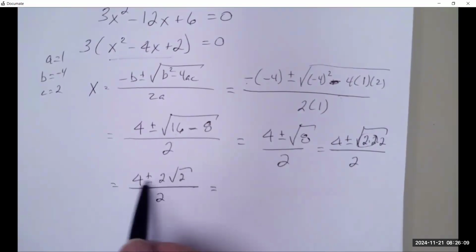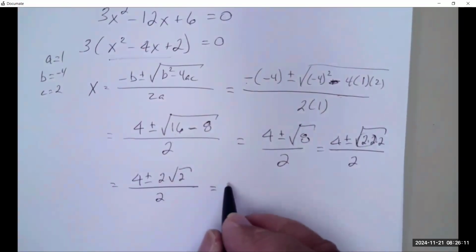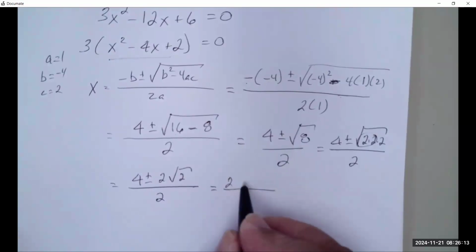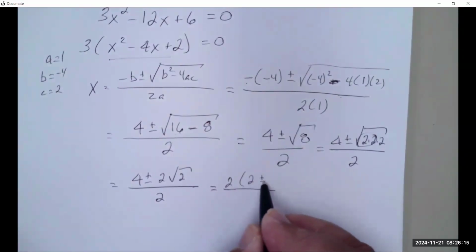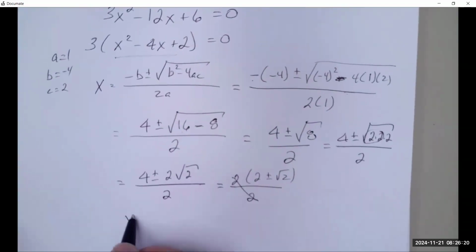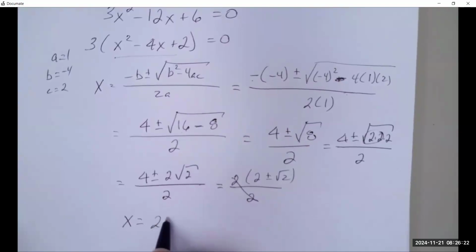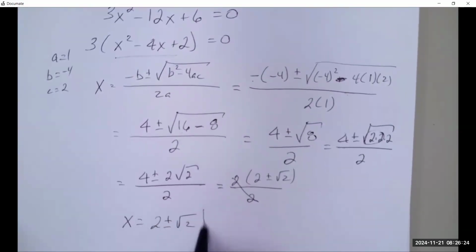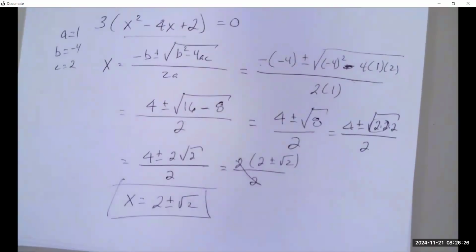Now, since on the top I have 2 and 4, they're factors of 2. I can factor out a 2, which gives me 2 plus or minus square root of 2 over 2. So my x-intercepts here are 2 plus or minus square root of 2. Those are my last 2 answers.